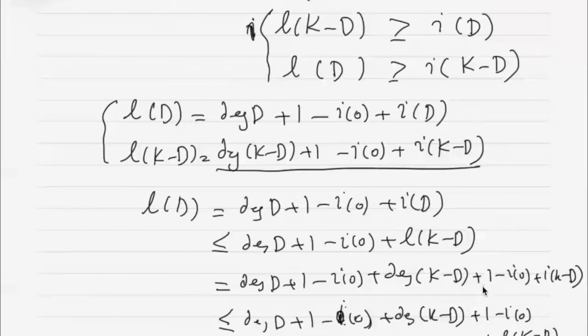And once you do the calculations, you will see that this will imply Riemann-Roch because I already know the degree of k, and you have I of 0, that's 2g, and you have 1 plus 1, that's a 2. So these all cancel each other.